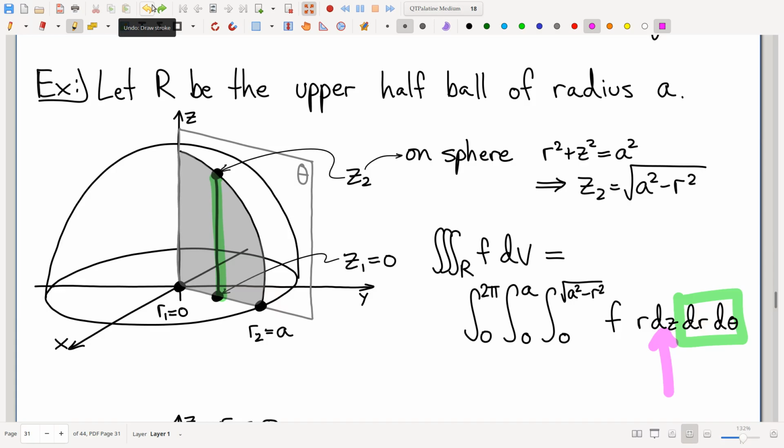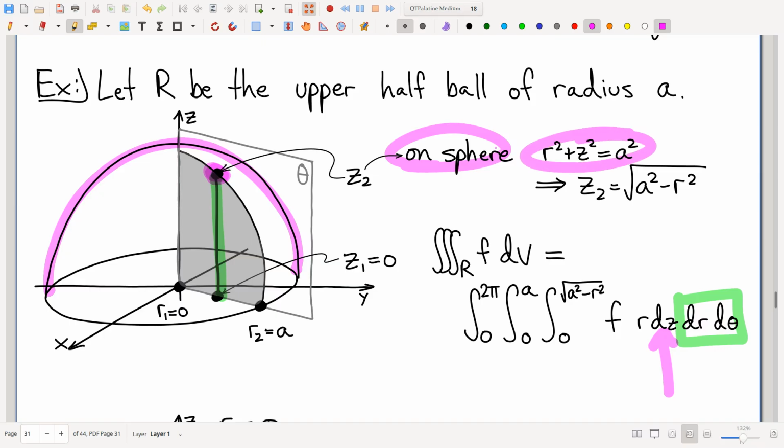The last z slice is going to be at that point. What do I know about that point? Well, it's on the sphere, which has this equation. Now, real quick side note, I did sweep something under the rug there. If you want to write down the equation of a sphere, you typically write it down in rectangular coordinates.